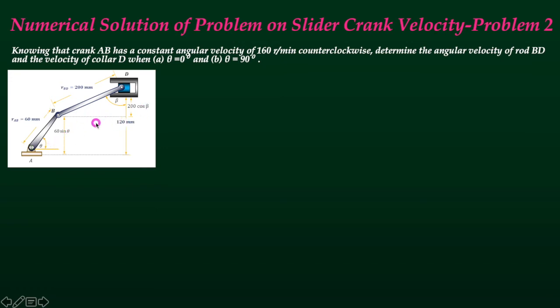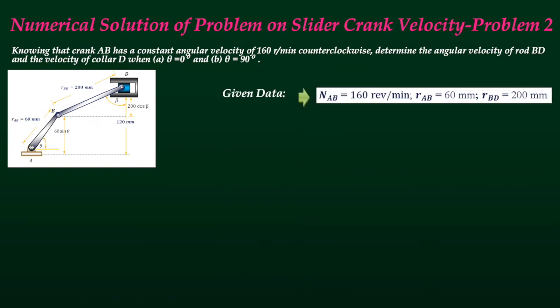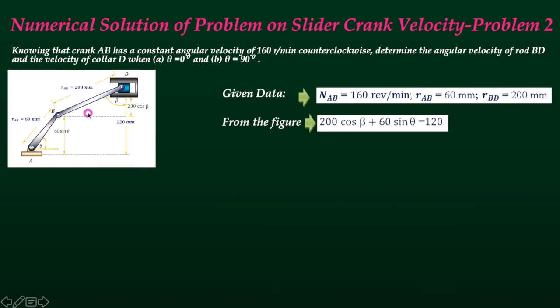So let's first write down a general equation for this, and before that the given data: NAB given, RAB given, RBD is also given, the lengths of the vectors are given. Now from the geometry it is very simple: it is theta, the length is 60, so 60 sin theta, whereas this is 200, so it is 200 cos beta.